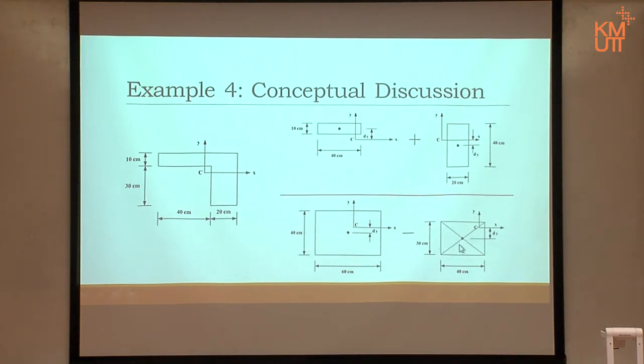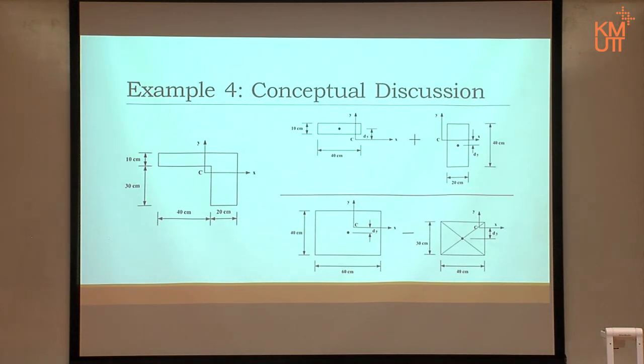So basically we can also find the Ix for the hole, and then the total Ix will be that one minus that one. So it depends on how we view it. We can use positive addition, summation, or we use negative. In this case it will be the same difficulty, the same simplicity, but some pictures will be better doing subtraction, and some pictures will be better doing addition. Not this one, this one is the same, still two areas.